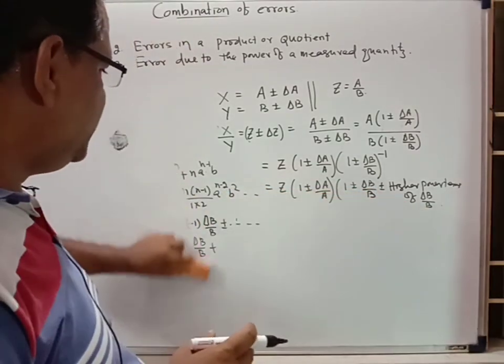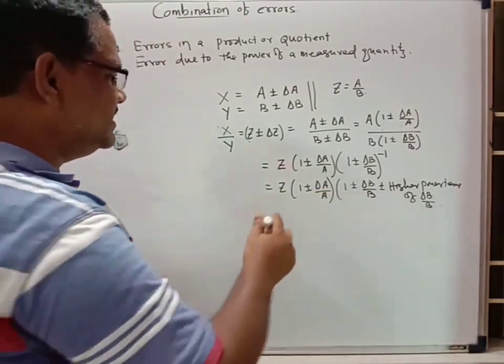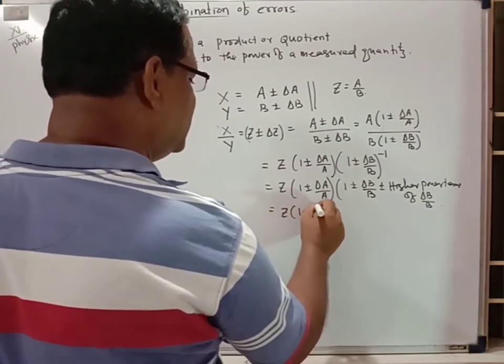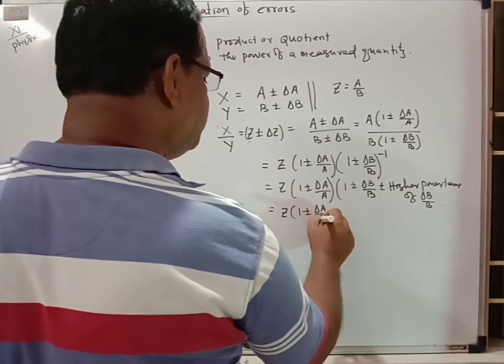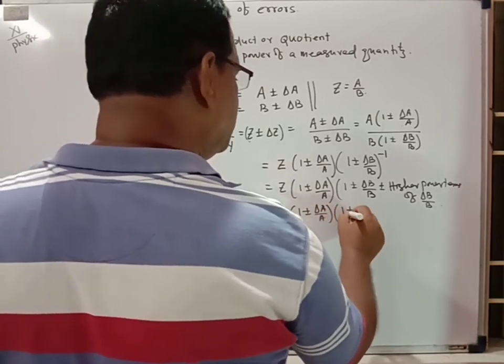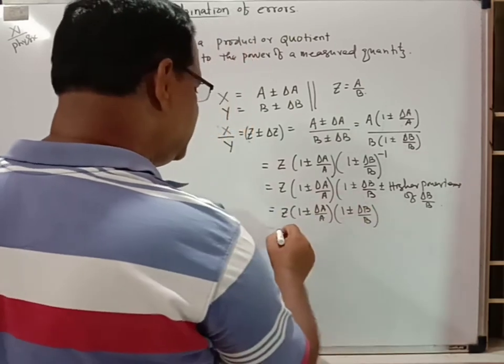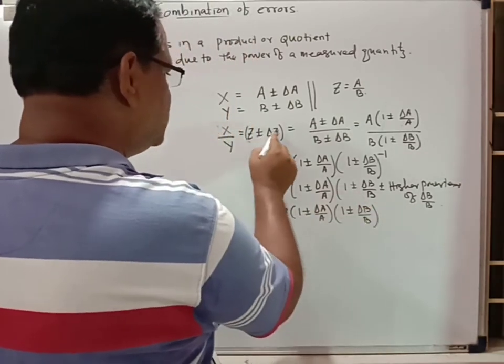So here what you are getting is Z(1 ± ΔA/A) multiplied by (1 ± ΔB/B). In the same manner, you are getting Z ± ΔZ.